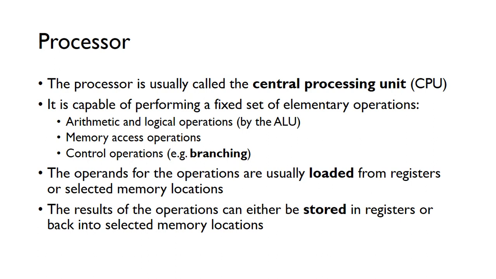The result can either be stored in registers directly or back into selected memory locations. So the inputs to the processor essentially come from registers and selected memory locations, and when you've done the operation, you can write the result back to either registers or a memory location.